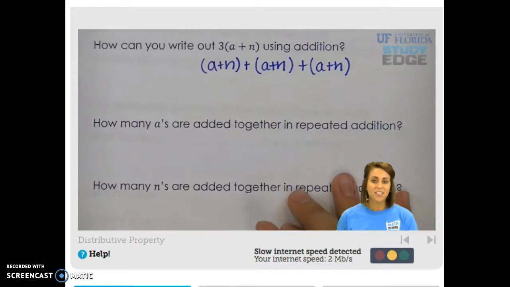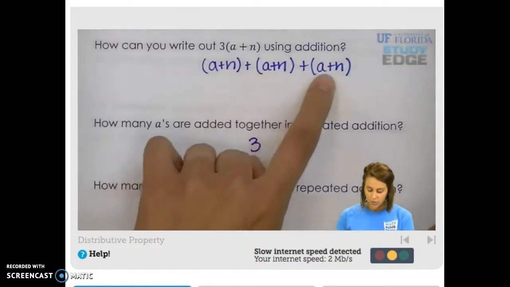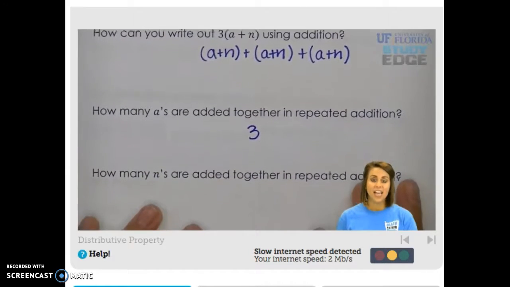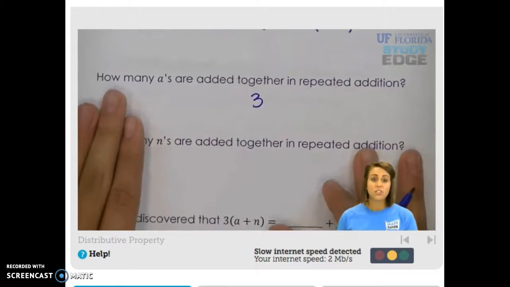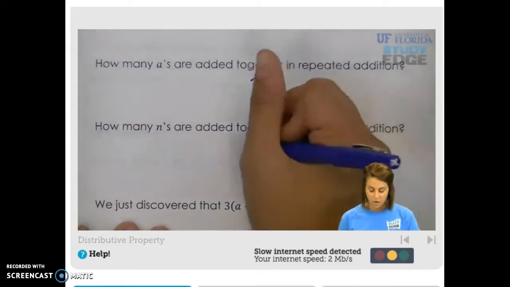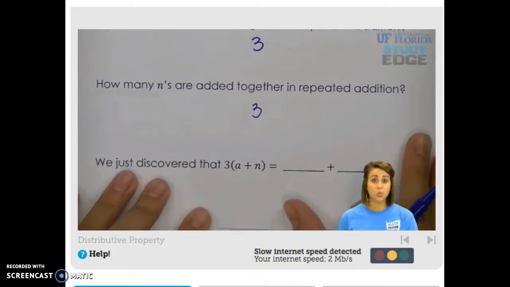How many a's are added together in repeated addition? So we see a occurs here 3 times, right? 1, 2, 3. What about the n's? How many times do we see the n's? Also 1, 2, 3. So the a's are added together 3 times. The n's are added together 3 times as well.